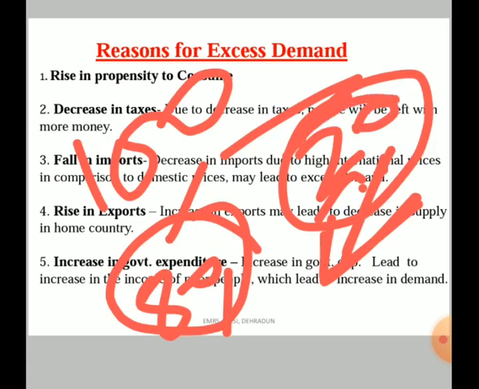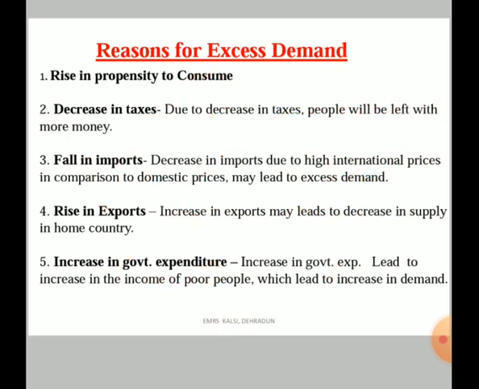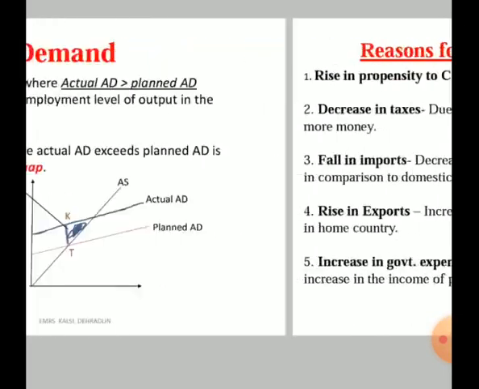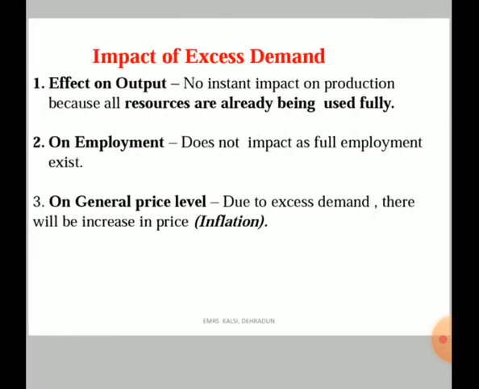These 20 got their income recently. So due to the increase in government expenditure, there is an increase in the income of poor people, and those people will spend money. So this increases the demand in the market. So these are the 5 reasons which lead to excess demand in the economy.